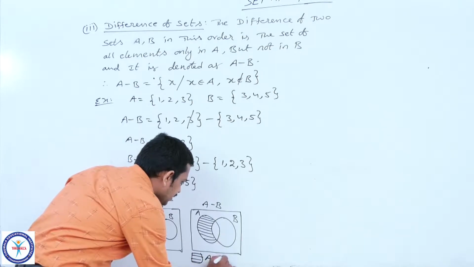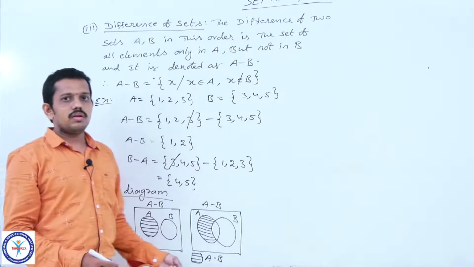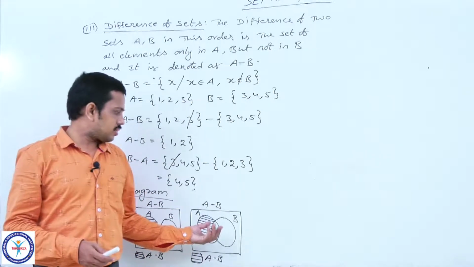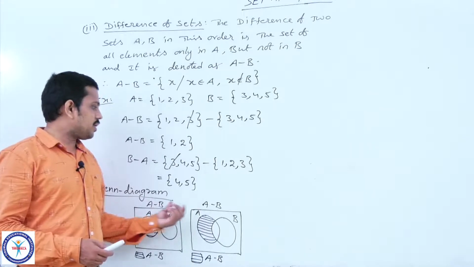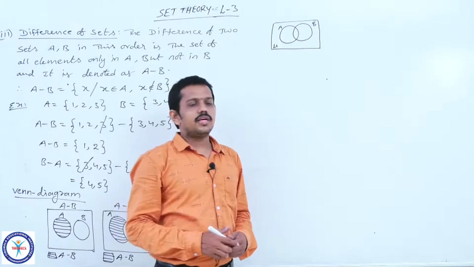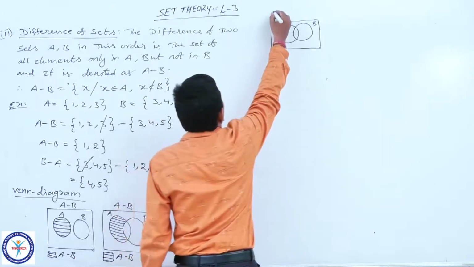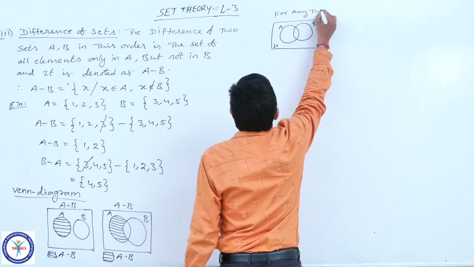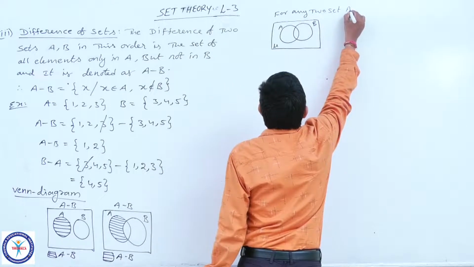Now, for any two sets A, B, A minus B and B minus A are disjoint sets.